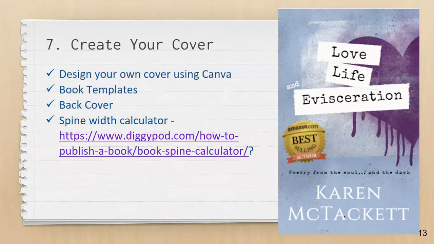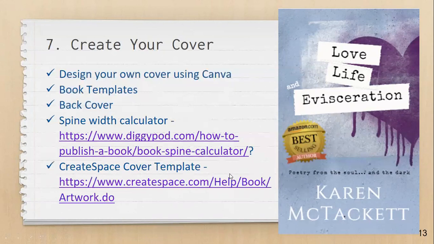And what you can use is this spine width calculator to work out how wide your spine should be so that you can then create the spine as well. Another option that makes it a little bit easier, and I would recommend going with this, is using the CreateSpace cover template. Now, you don't need to have an account with CreateSpace. You don't need to log in to utilize this service. Now, what this service does is you go in there, you put in your page number.